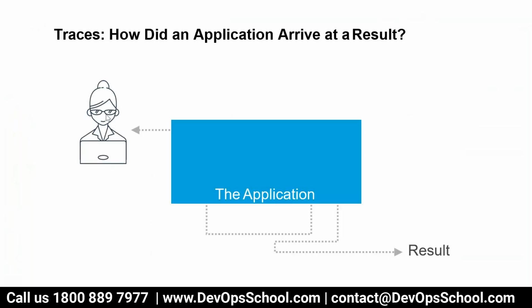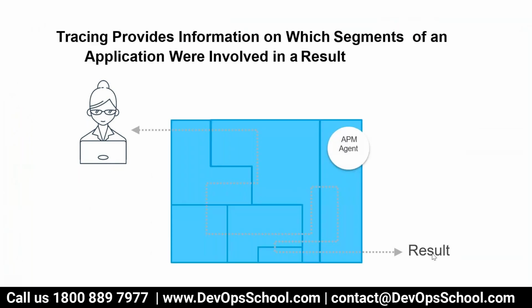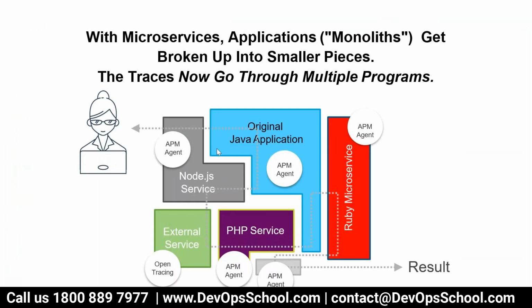There's one user, and this is the application, and there are results. Now, if you see these applications, you have multiple applications. Here you see Node applications, Java, Ruby, PHP, external services. So in every place you have to install the APM agent, and the APM agent will capture the trace and give you the results. Got it?